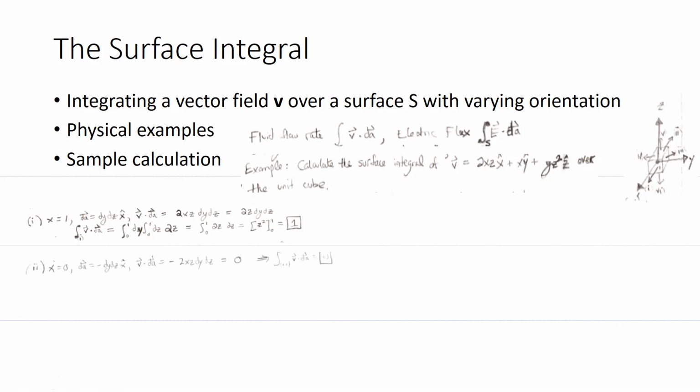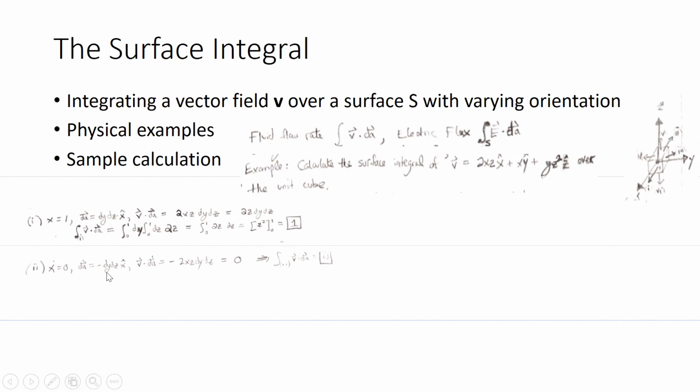Okay, let's move to surface 2, which is the back surface. A lot of similarities here, except that on the back surface, since this unit cube is centered at the origin, we have x equals 0, and dA, instead of being positive dy dz x hat, points away from the outside of this surface.